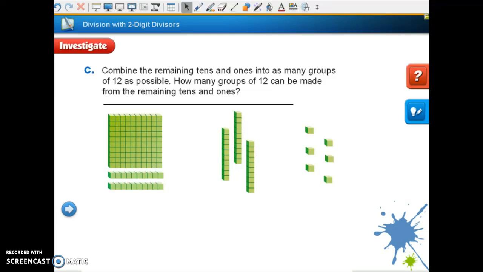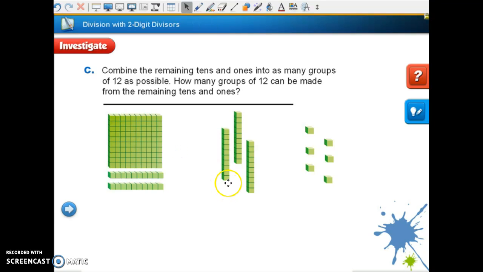Okay, now on C it says combine the remaining tens and ones into as many groups of 12 as possible. So we know that this is a group of 10. They're not going to let me move it. So what you need to do is take your ones and put them over here.